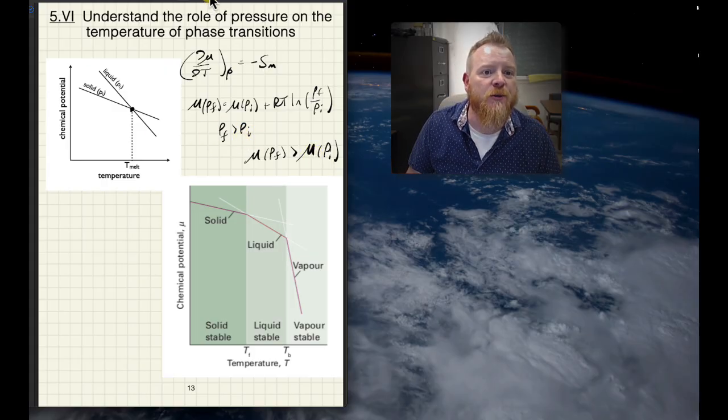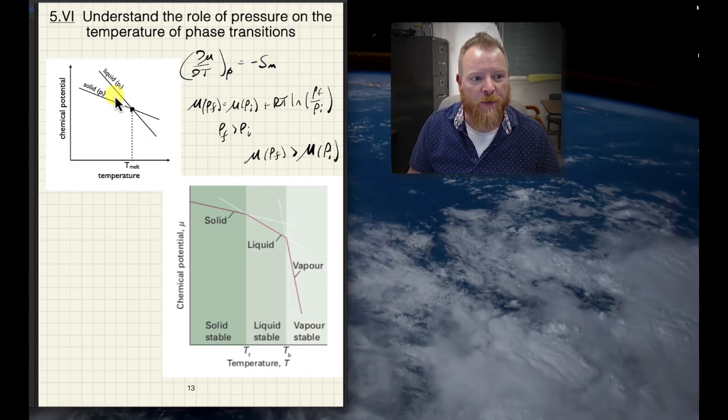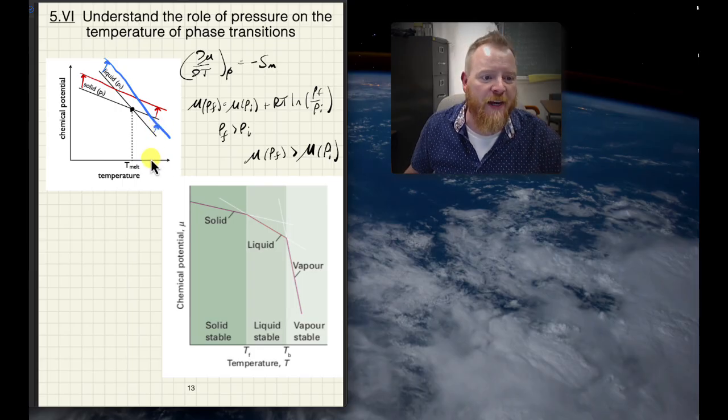So now what does that do to this graph? Well, we'll treat it as a constant slope. If I look at the solid phase, all of my chemical potentials will have been increased, so it might look something like this. Similarly, if I look at the liquid phase, all of my chemical potentials will also have been increased, some more or less constant increase.